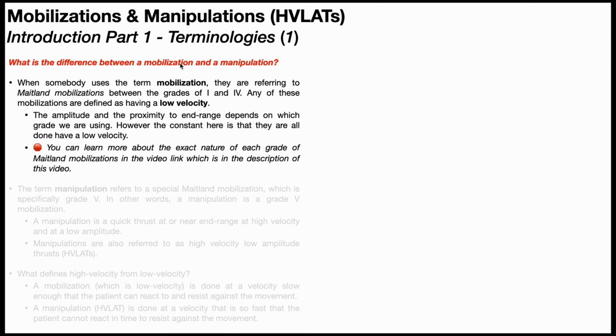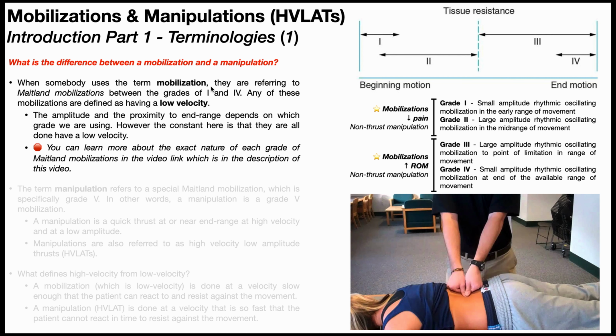So one thing we want to understand in this video is the difference between a mobilization and a manipulation, and there are several differences that are important to understand. When somebody uses the term mobilization, what they're referring to generally are Maitland mobilizations. Maitland was a guy who decided that you can grade mobilizations on a scale of 1 to 4, where 1 is the least intense and 4 is the most intense.